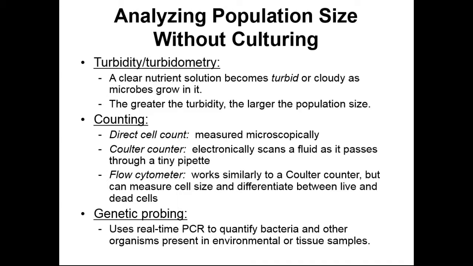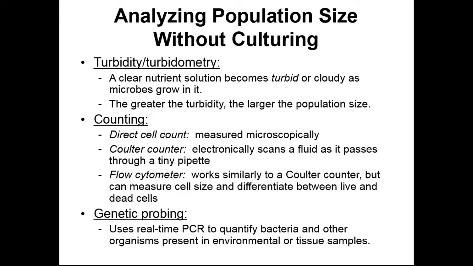To count the microbes, you can use turbidity. Turbidity is a measurement of how cloudy the solution is. Turbidity counts, generally speaking, do not differentiate between living or non-living cells. They just measure the concentration of total cells.